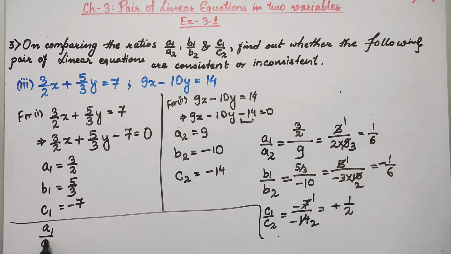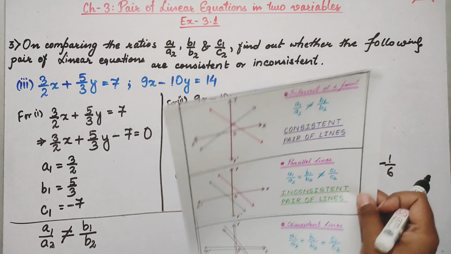So here we can see that a1 by a2 is not equal to b1 by b2. So we do not have to go to c1 by c2, as we could see over here that a1 by a2 is not equal to b1 by b2. Now here we have the conditions.